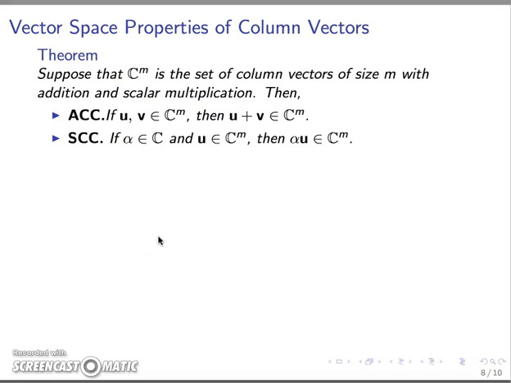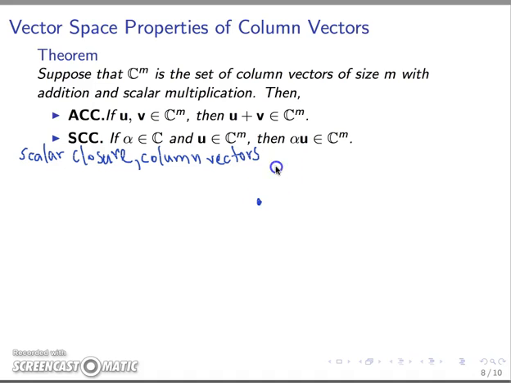This is a list of such properties. The next property has to do with scalar multiplication, called scalar closure for column vectors. Same type of idea.